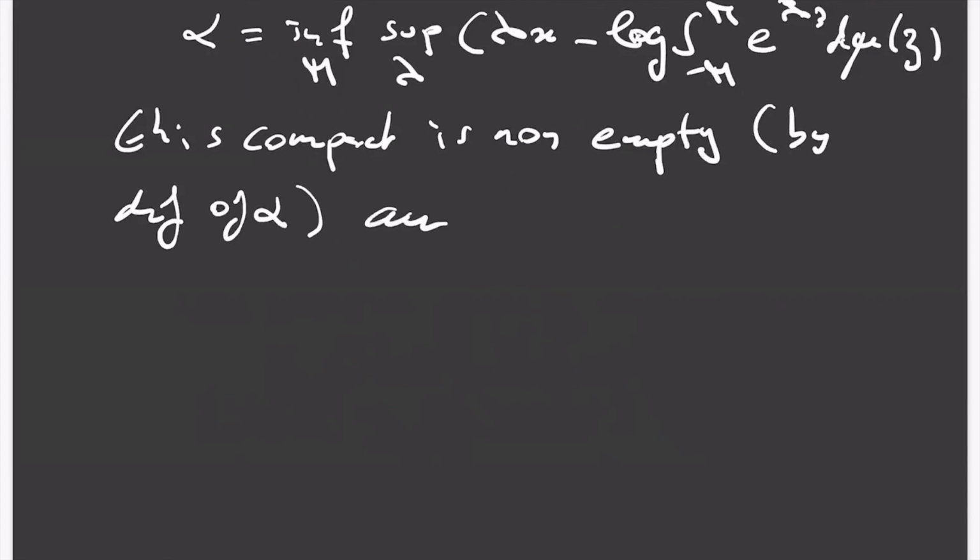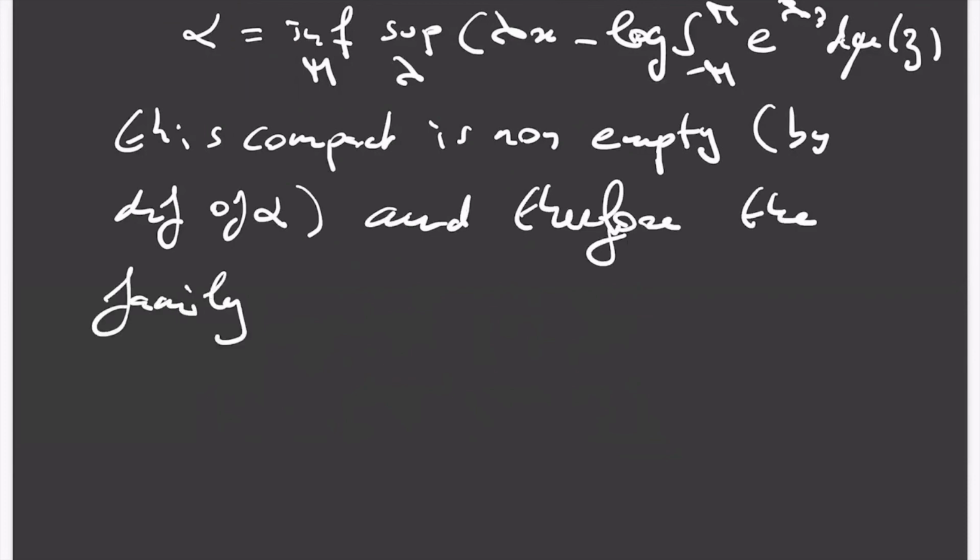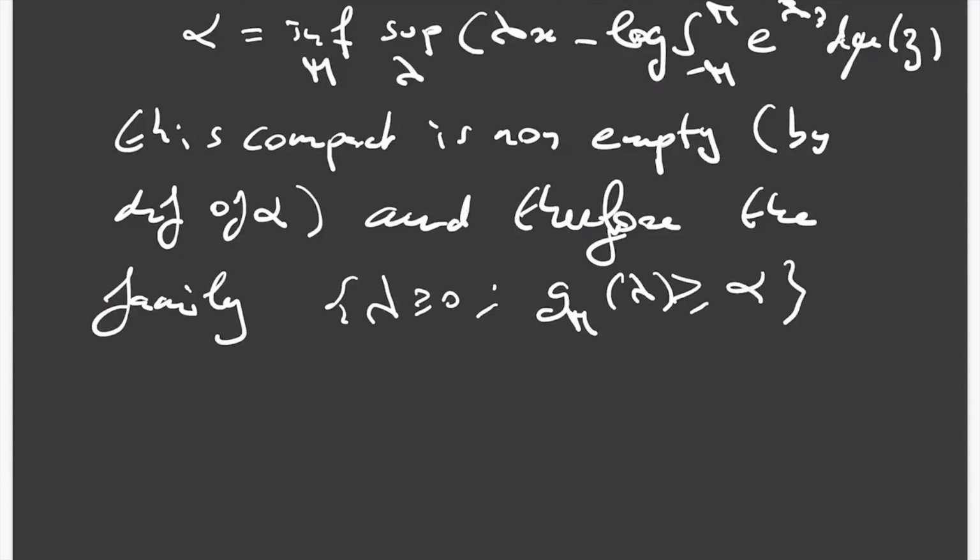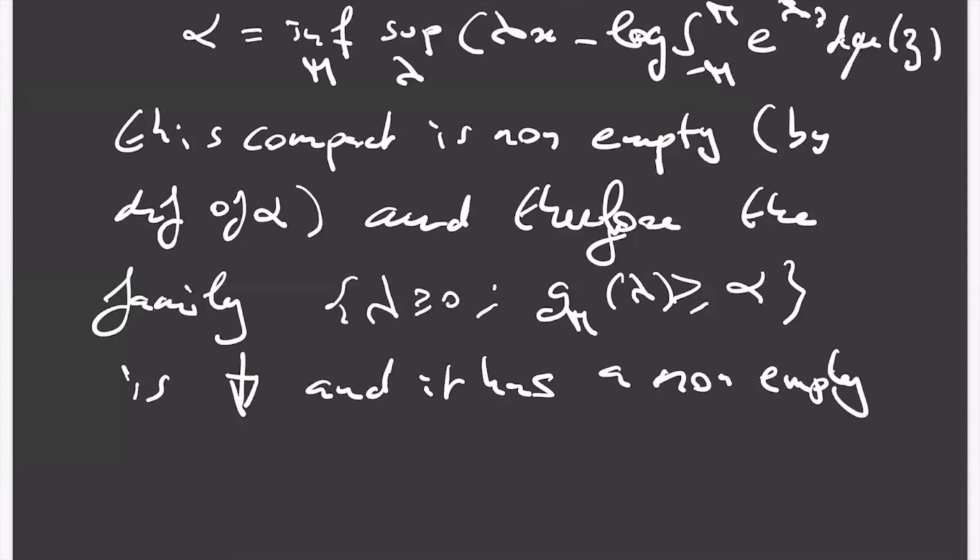And therefore, the family of sets, lambda non-negative, such that Jm of lambda is greater than alpha, is non-increasing with respect to the inclusion order, and it has a non-empty intersection.